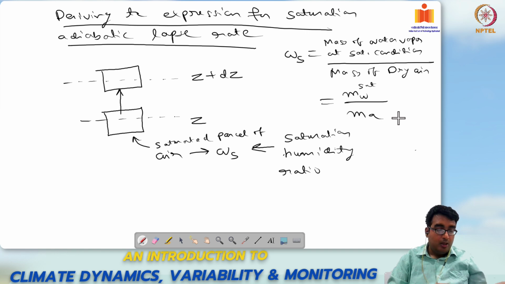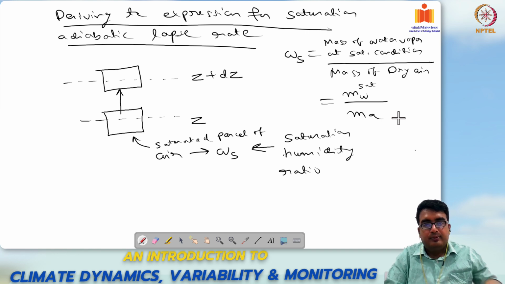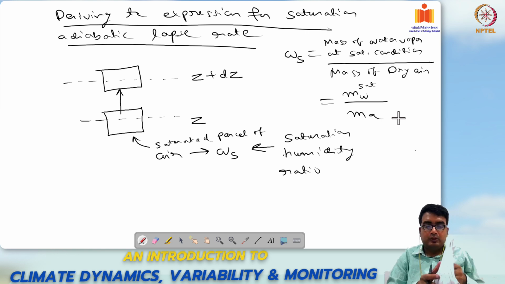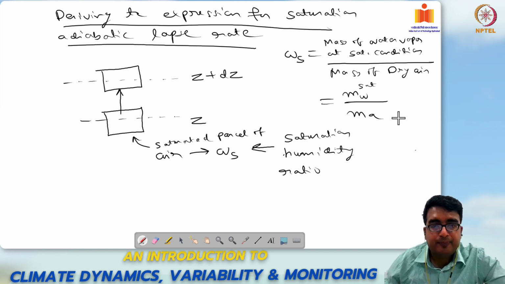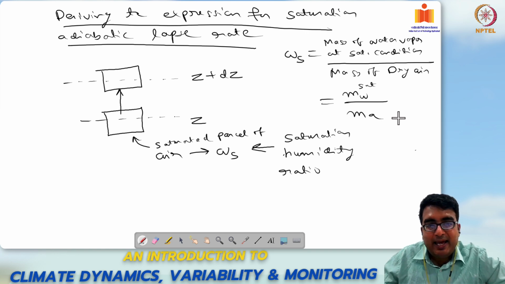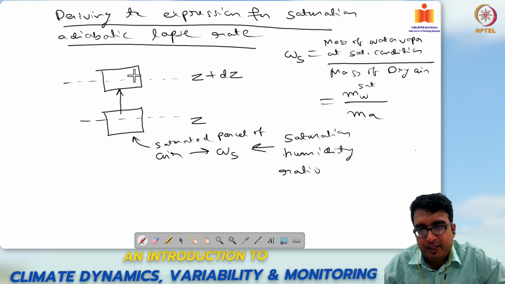All right. So next, because of this increment, there are changes in temperature and pressure, correct? So what you will get is that the omega s at this station will be different from omega s at z.